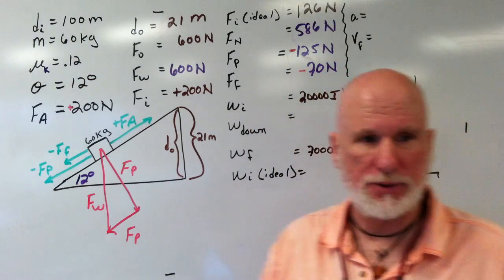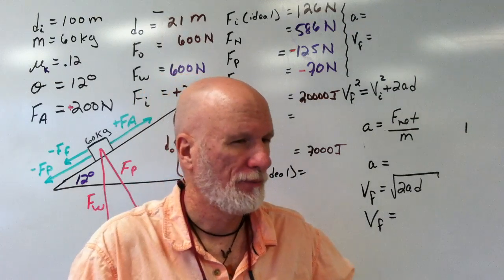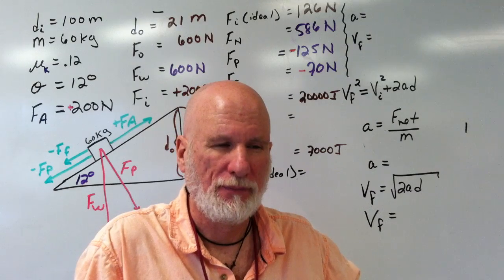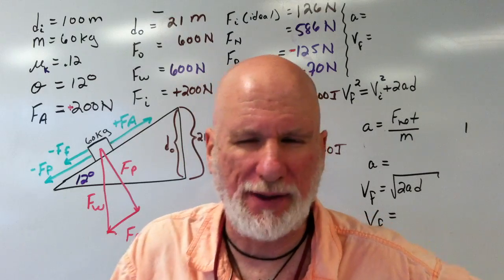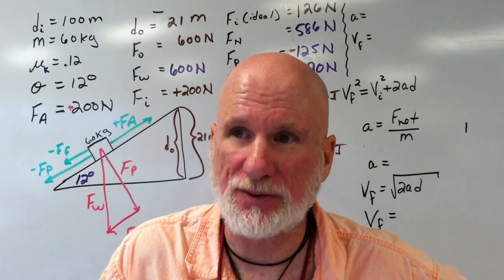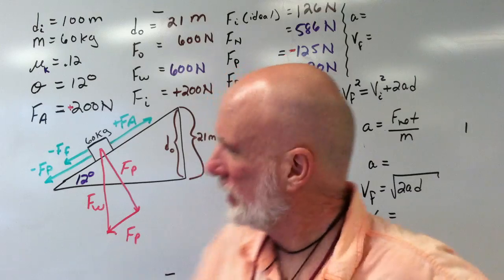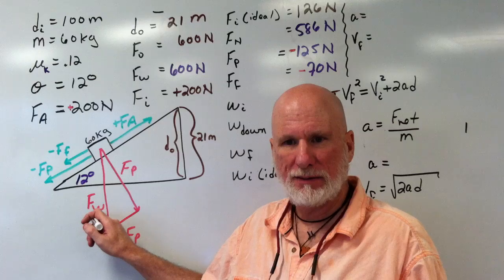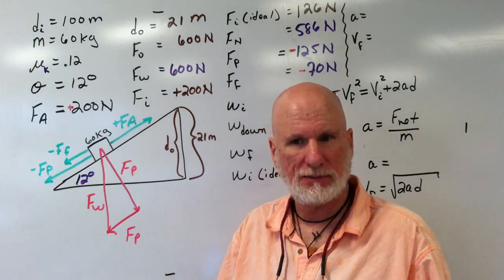Now what is W down, the work down? Careful. What's the force that makes that skier want to go down the hill? Gravity. No, what part of gravity? Is it FW? What part of the weight makes it want to roll down that hill? I'll give you a hint.